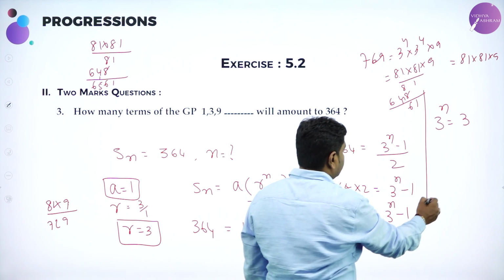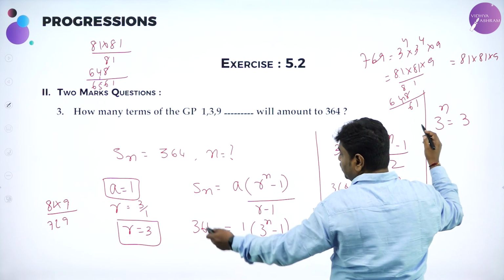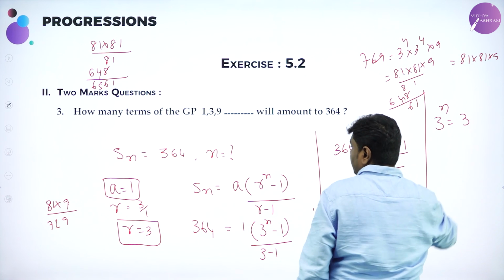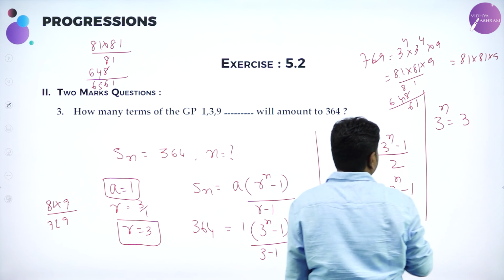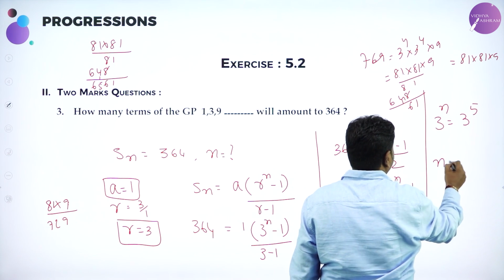So here we have 3 power n, 729 can be written as 81 nines, which means 3 power 6, so n is 6.